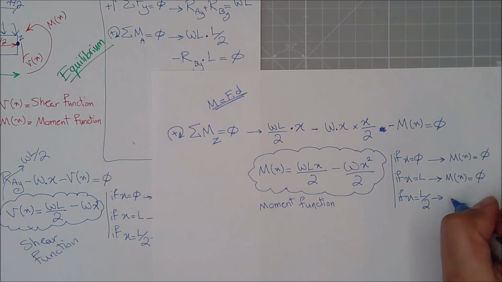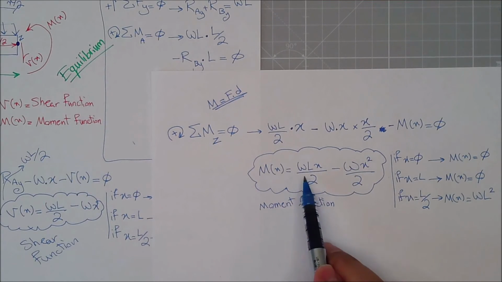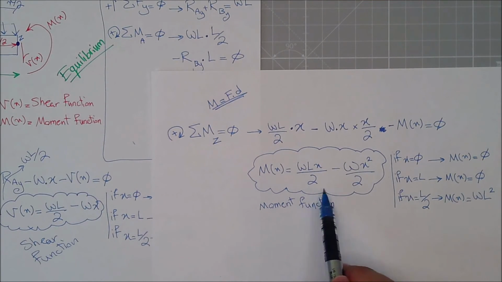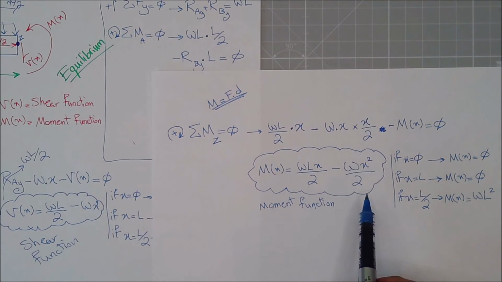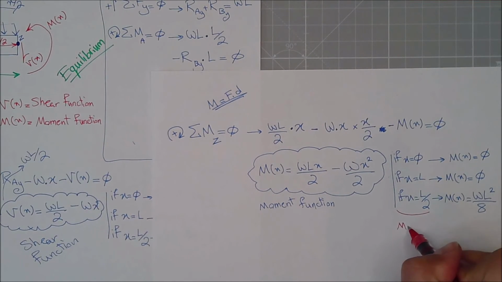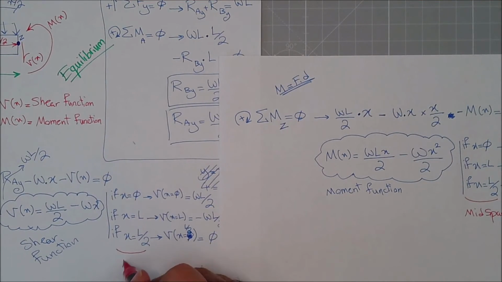If you calculate it, mx will be wL to the power of 2, divided by 8. Yes, so this will be the midspan. And this was the midspan.